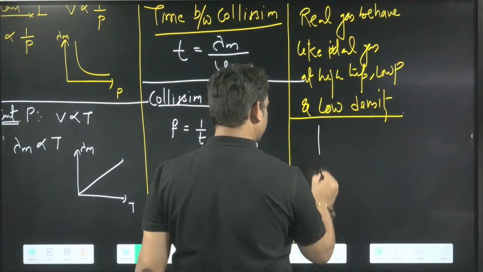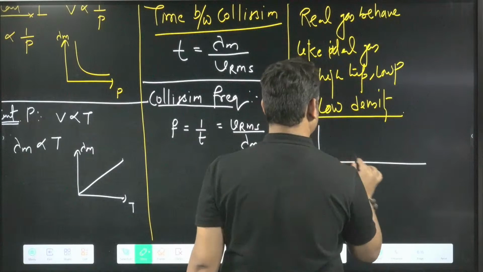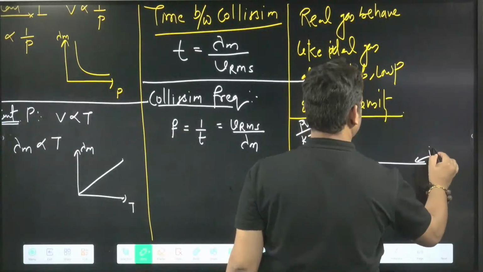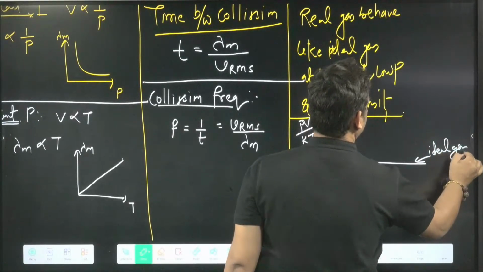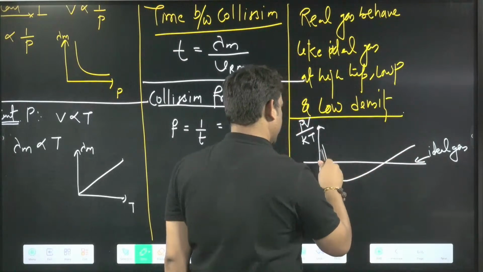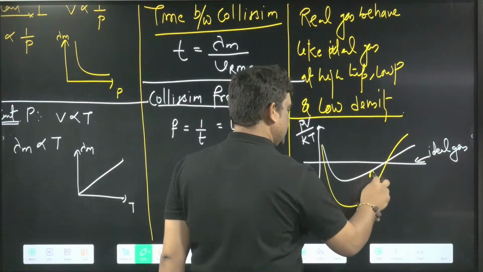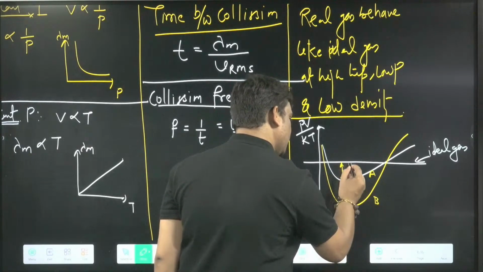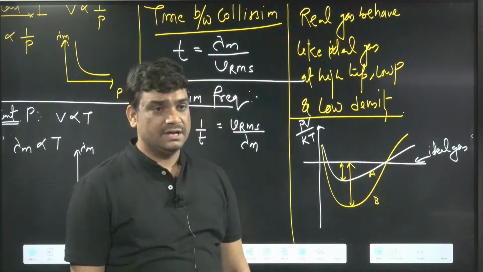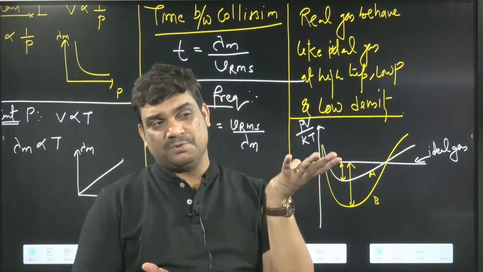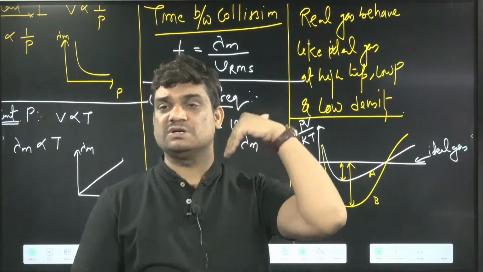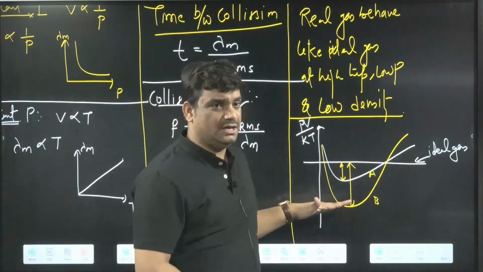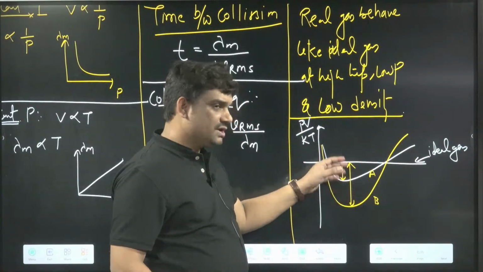Here we have one graph, common to physics as well as chemistry. This is PV by kT, and this line represents the ideal behavior, that is, the ideal gas. Now one graph is given like this and another this way. This one is A and this one is B. A has this much deviation and B has more deviation from ideal nature. If I keep increasing the temperature, they will approach ideal behavior and be very close.